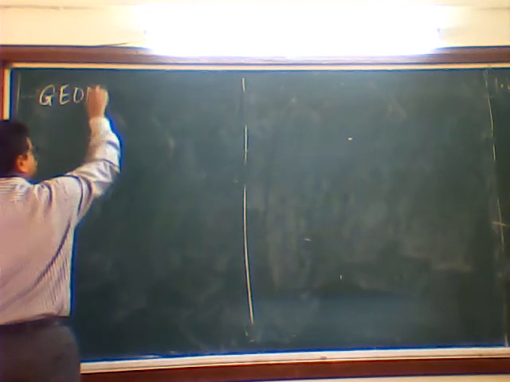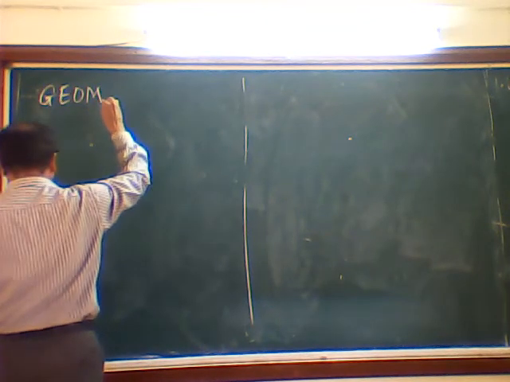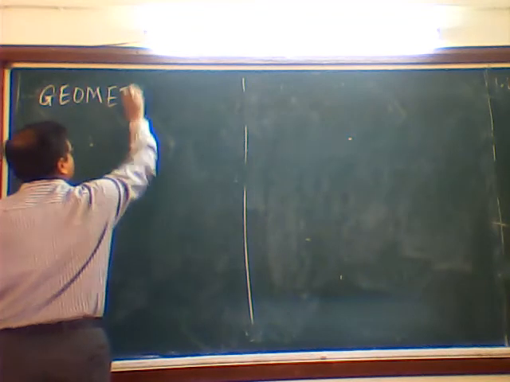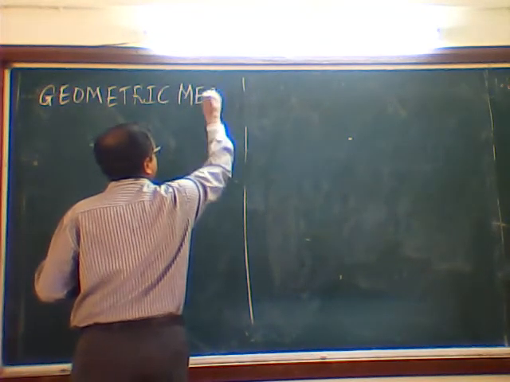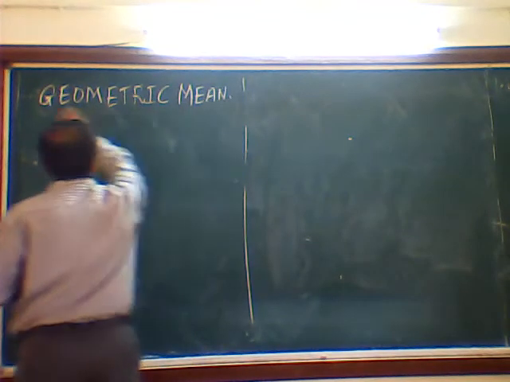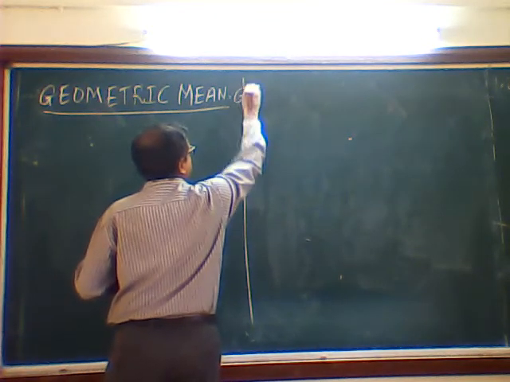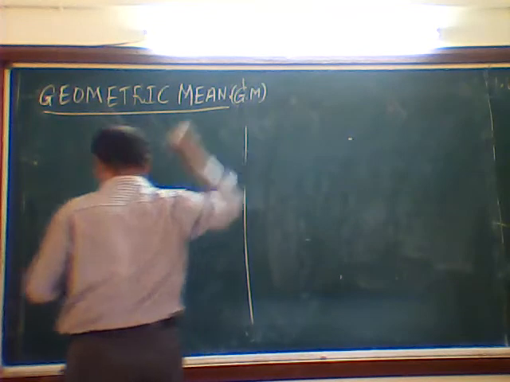Geometric mean now. Okay. Geometric mean. We call it as GM. Okay.